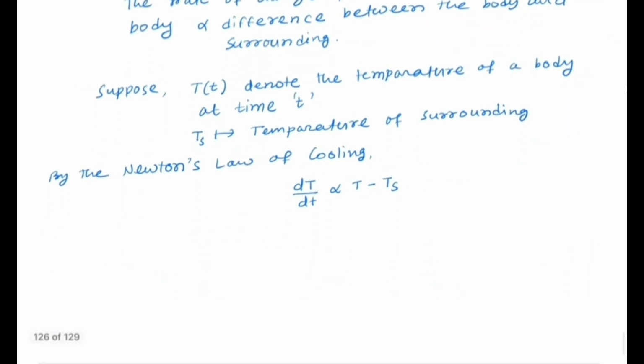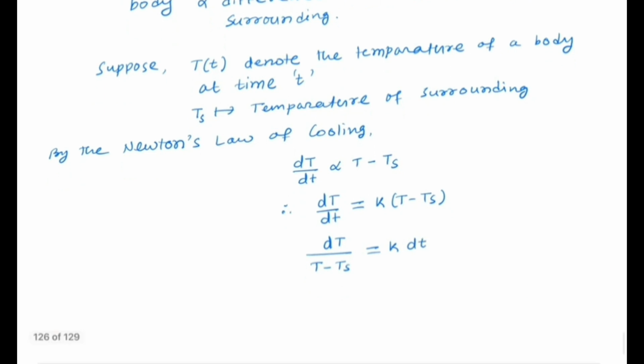Okay, so if we solve this equation, then we have dT by dt is nothing but k times T minus Ts. But Ts is the constant, so we can write it as dT by T minus Ts is k times small dt. Okay, so take integral both sides.